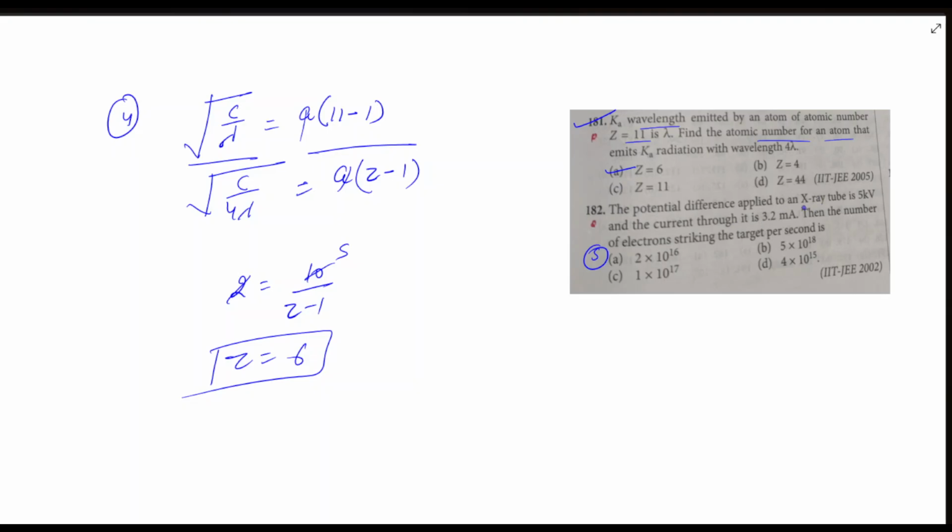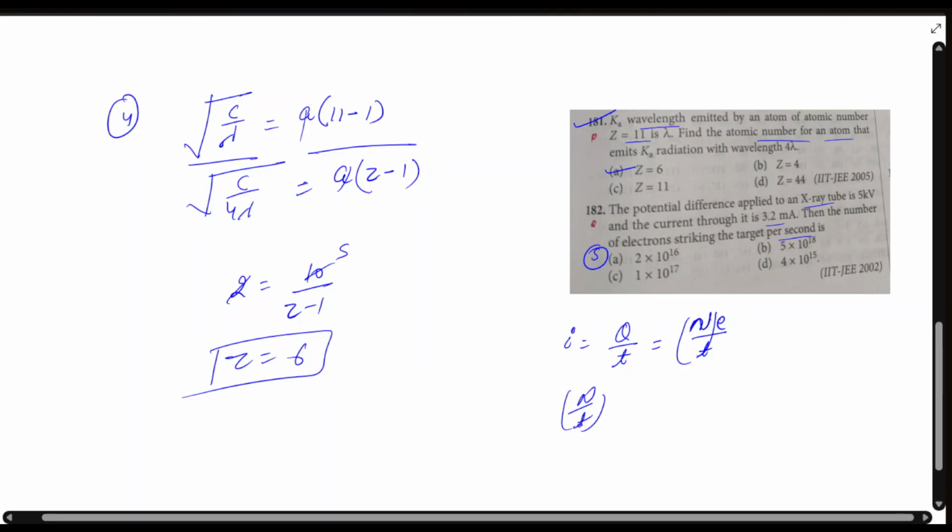We have the potential difference of the X-ray tube and the current given, and we need the number of electrons striking the target per second. Current equals charge moved per unit time. As there are electrons, we write Q equals N e, so I equals N e upon t. We need to find N by t, which equals I by e.